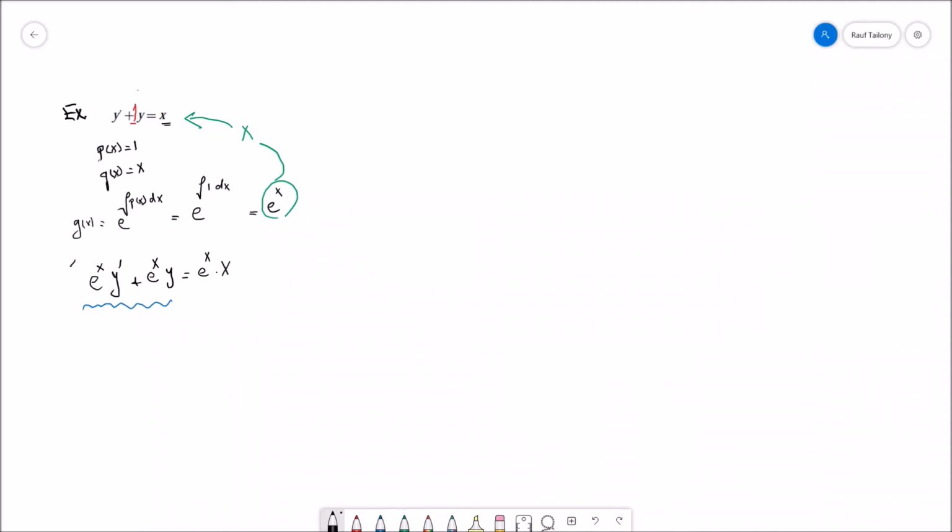Let's take the integration for both sides and get the results. The left side of the equation is basically y e to the power x, prime. So the left hand side of the equation is the result of the derivative of y multiplied by e to the power x. Now this equals x e to the power x.